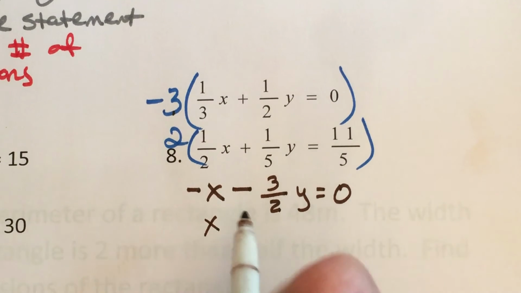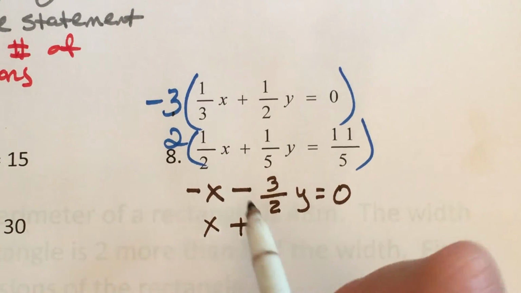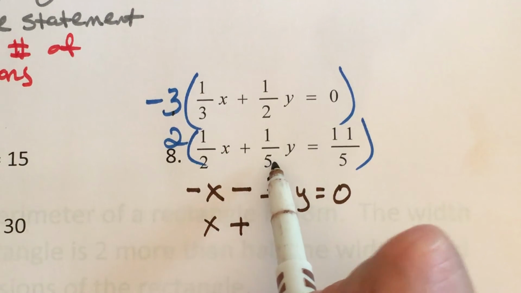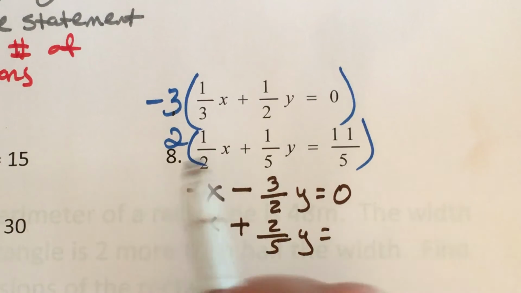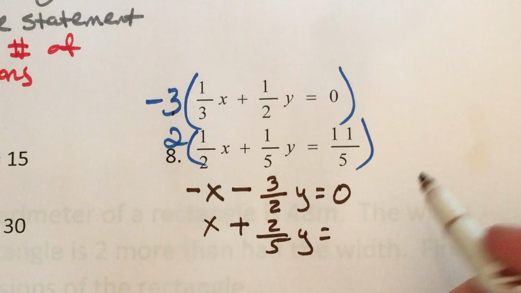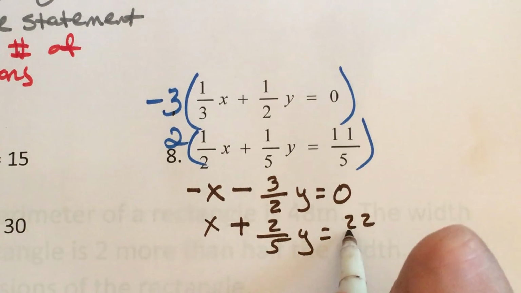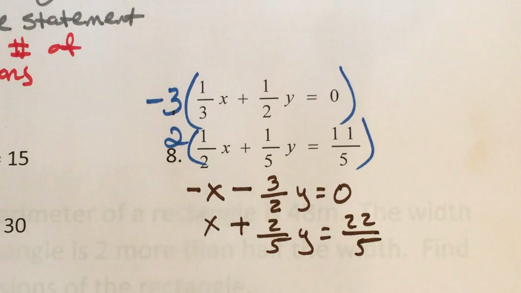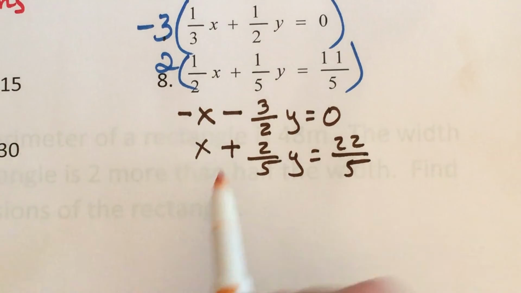A positive times a positive is a positive. And 2 times 1/5 is 2/5 y. 2 times 11/5, don't be scared, this is going to be really fast. It's 22/5. Now, you might be freaking out right now, which I don't blame you, but I want you to trust me, this is going to be okay.